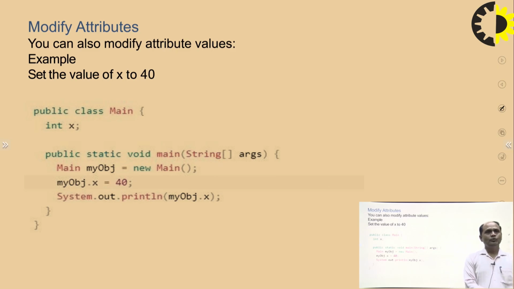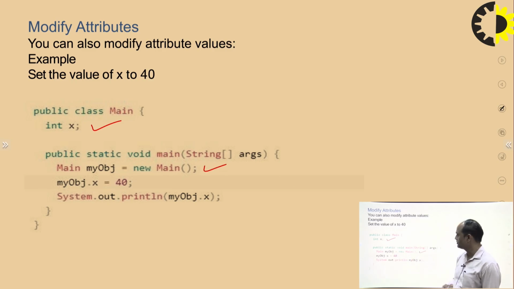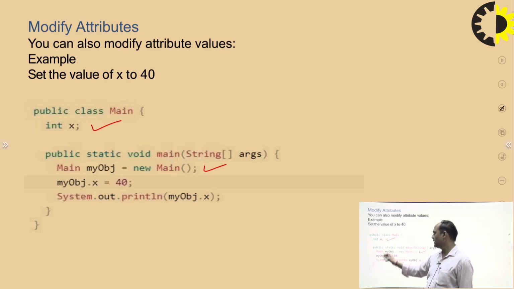If we want to modify the attribute or the values of a variable, we can set them directly by using the objects. Suppose we have a class Main with a variable x, and we write public static void main. After that, we can create the object of that class, and we can directly use myObj.x = 40.